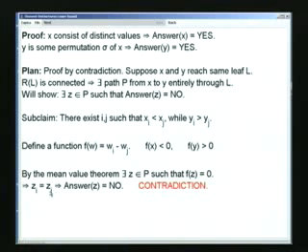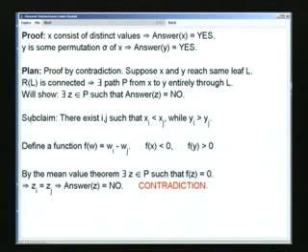But if zi equals zj, then two coordinates are equal. That means the answer to this z is no. The coordinates are not distinct, so the answer is a no. But this was supposed to be a point inside R of L, so the answer had better have been yes. So there is a contradiction. So we have proved our basic claim.